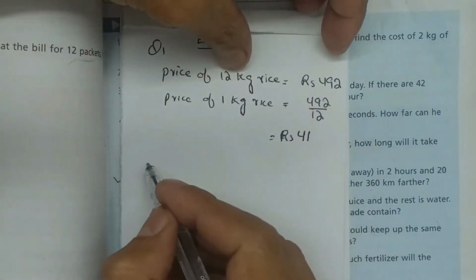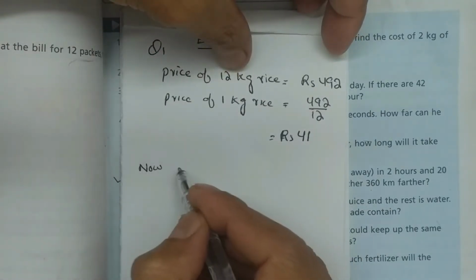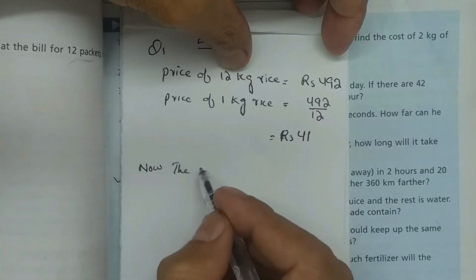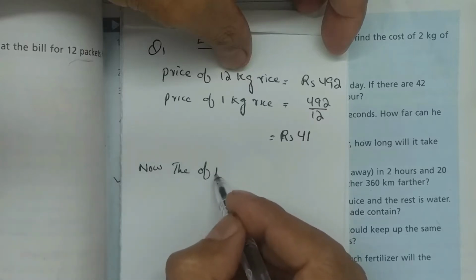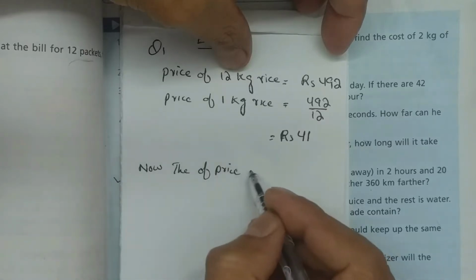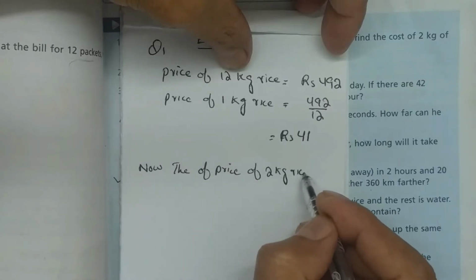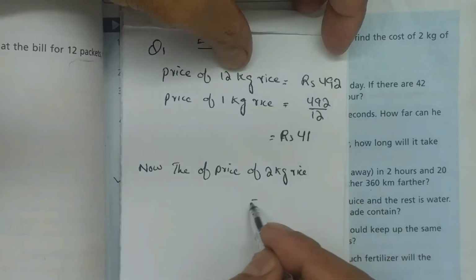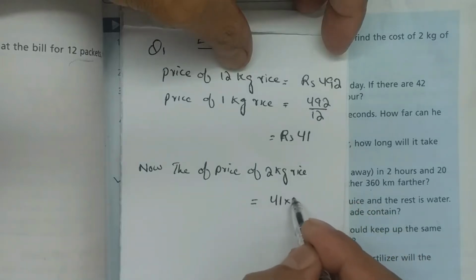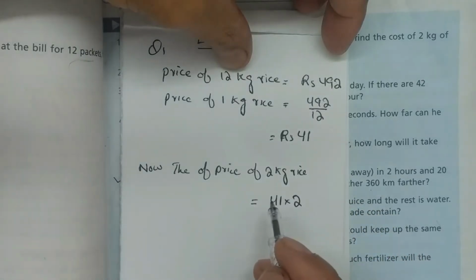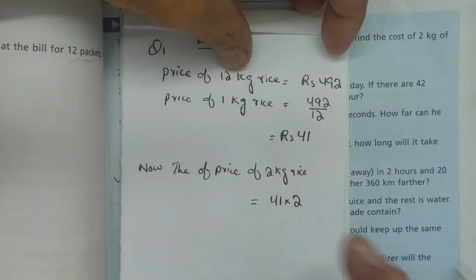Now the price of 2 kg. Very simple. Price of 2 kg is equal to 41 multiplied by 2. 41 plus 41, that is not the proper way.